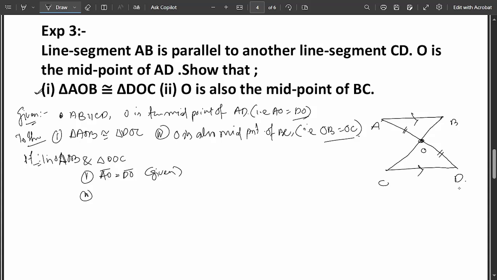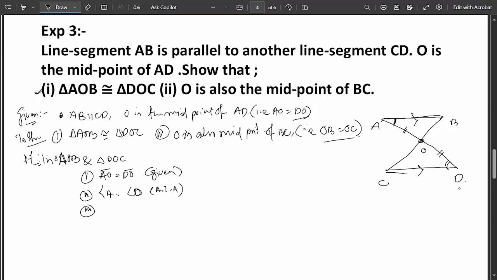The second one: since these two lines are parallel, angle A should be equal to angle D, as alternate interior angles are the same.